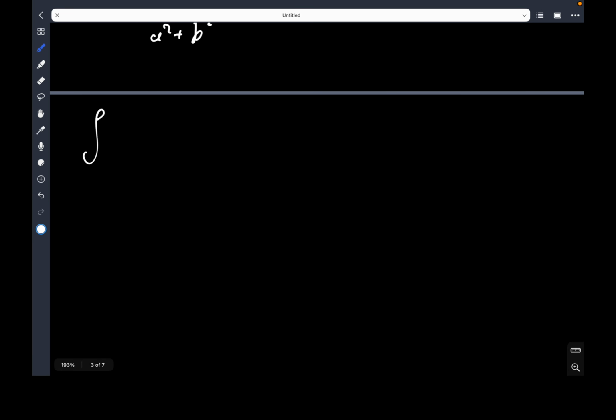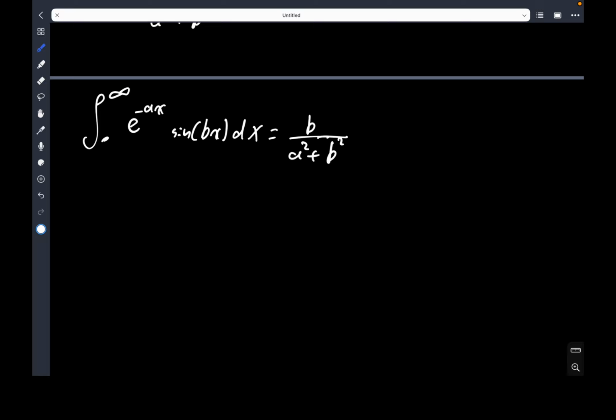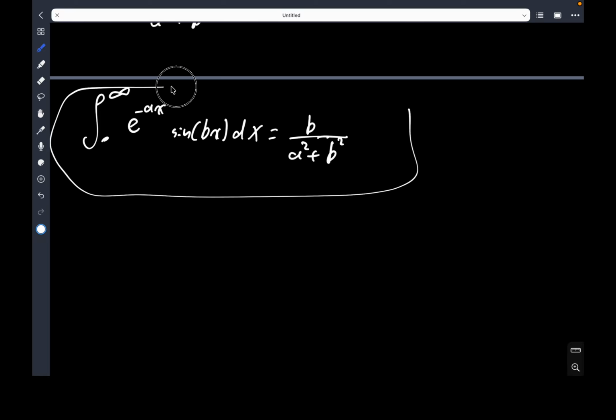Thus the integral from 0 to infinity of e to the negative ax sine bx dx is going to be b over a squared plus b squared, which is the standard Laplace transform of this function here.